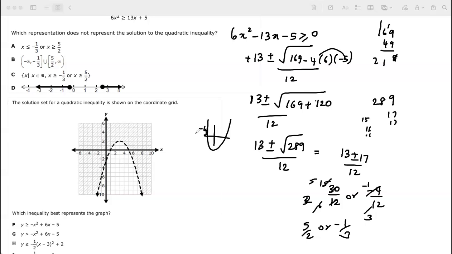Greater than or equal to 0 means outside of this and outside of this, right? 5 by 2 after or before, because this is below 0. So basically, this is correct. Now, this is incorrect. Greater than minus 1 by 3 and less than 5 by 2 is inside. That is where it is less than 0. So C is not the solution.